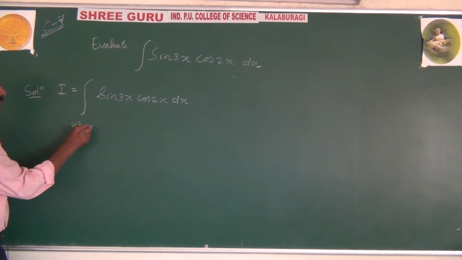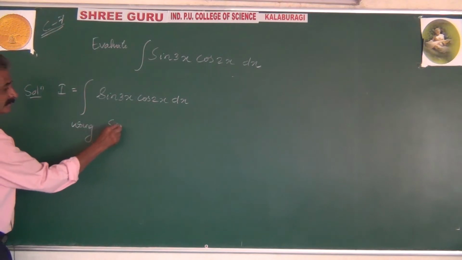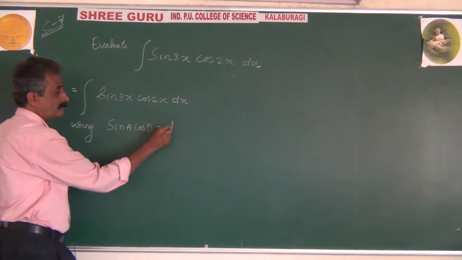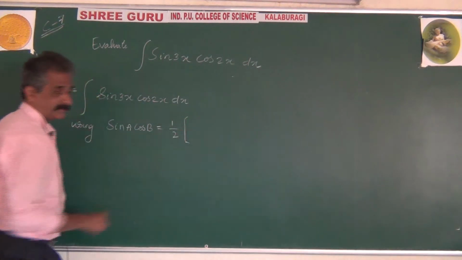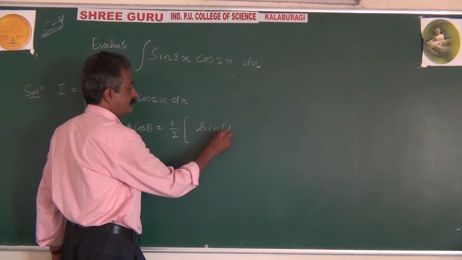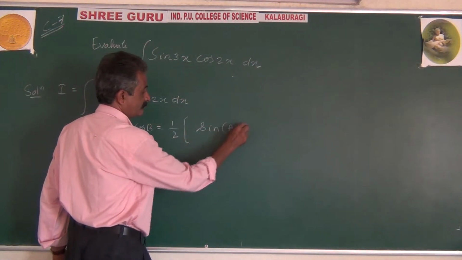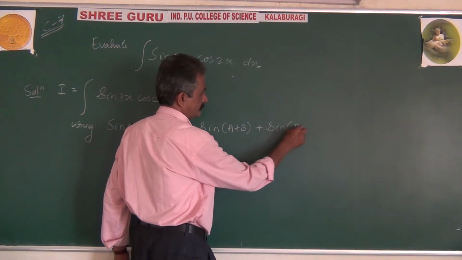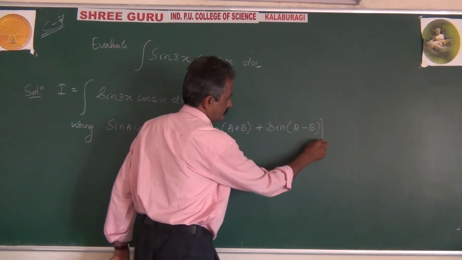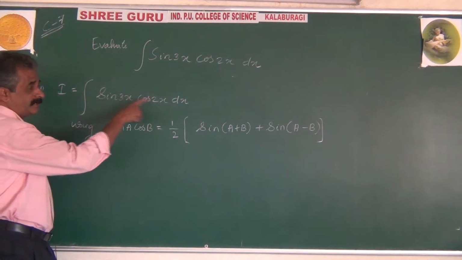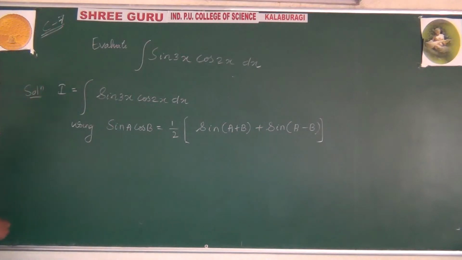Using sin A into cos B equals 1 by 2 sin A plus B plus sin A minus B. Here A means 3x, B means 2x.